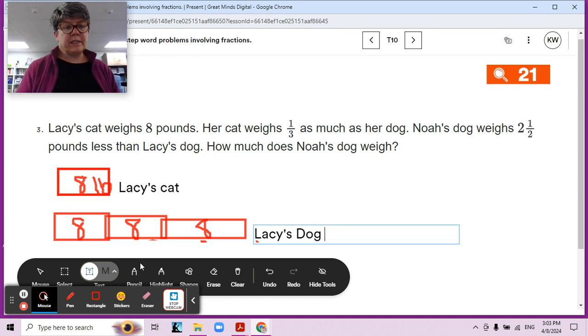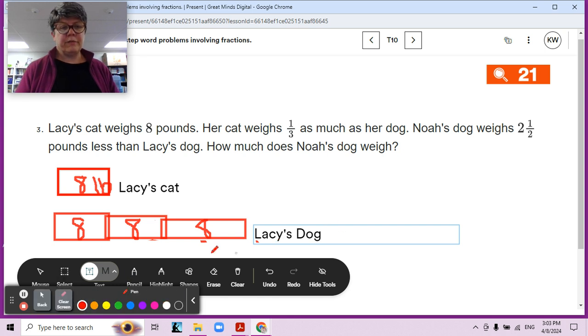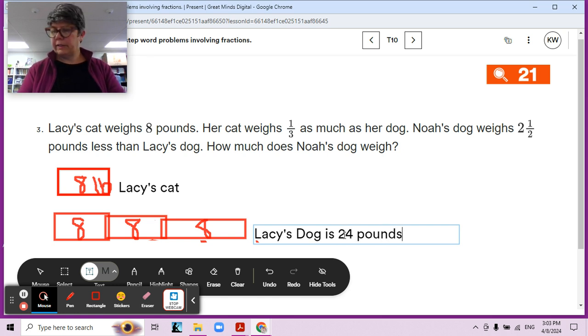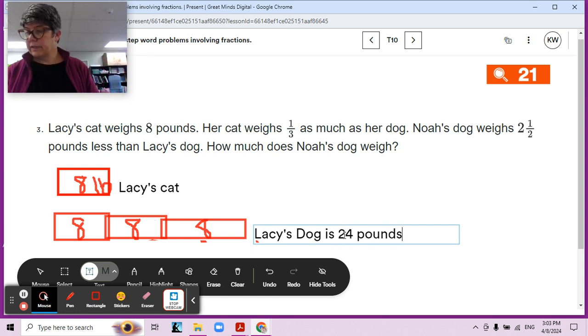All right? So we have a comparison. And we know that 8 times 3 is 24. So we could actually just put on here 24 pounds. All right, so that's good. But now we need to figure out how much Noah's dog weighs, because that's the actual question. And we see that it is 2.5 pounds less than Lacey's dog.